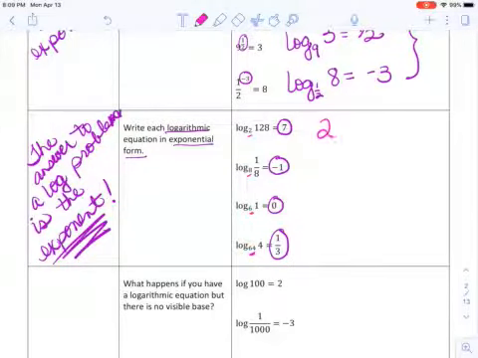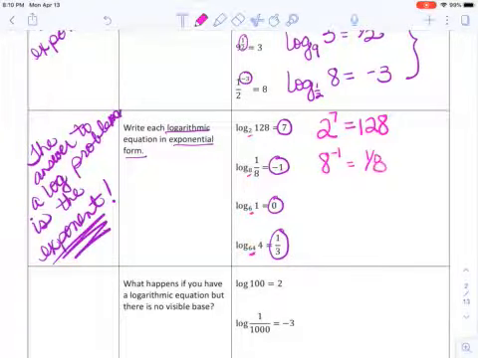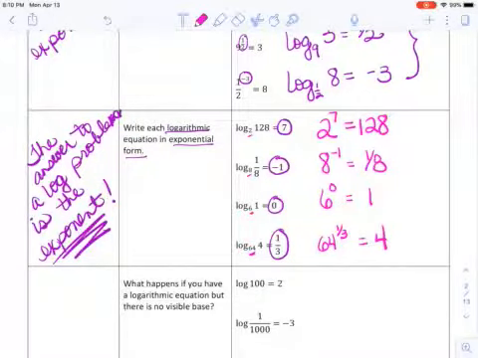So my base is 2 to the 7th power, that equals 128. 8 to the -1 power equals 1/8. 6 to the 0 power, just like anything else to the 0 power, is 1. 64 to the 1/3 power, in other words, the cube root of 64, is 4.